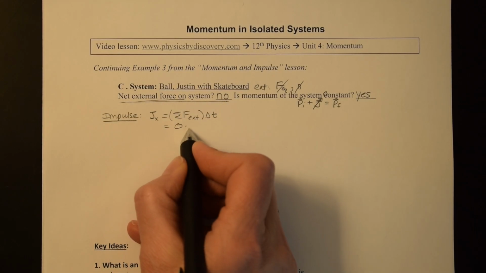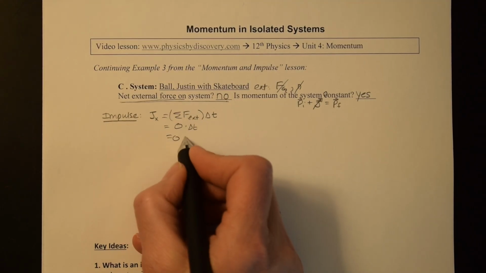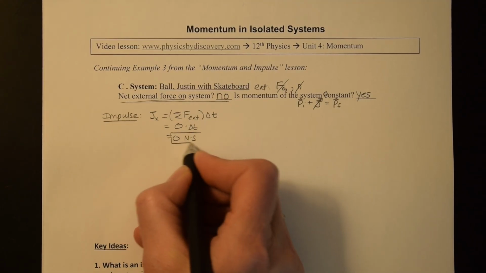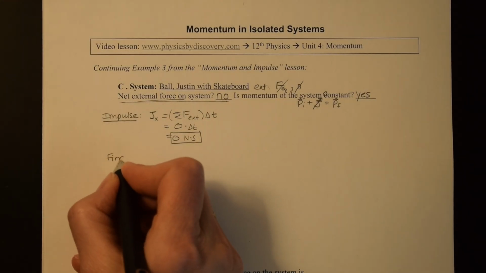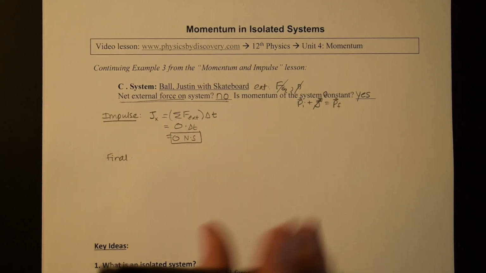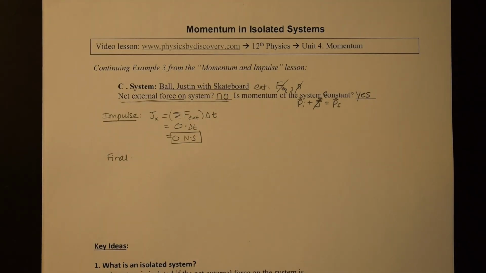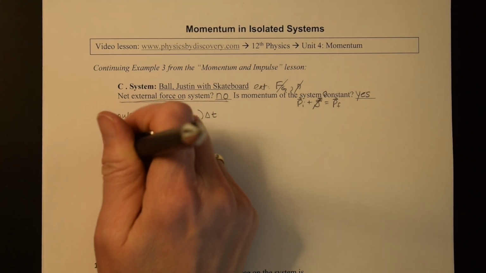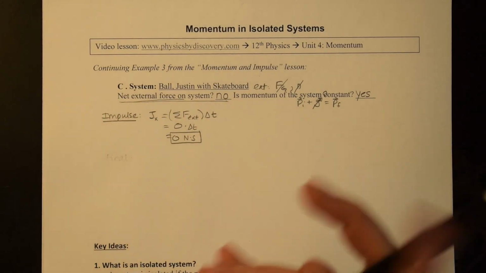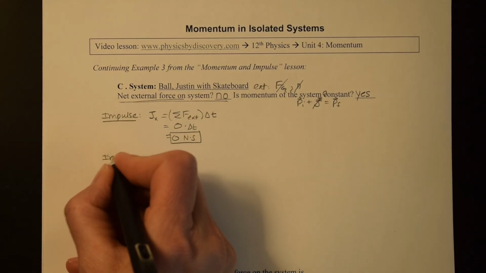So this is 0, so the impulse is 0. Now let's find the final momentum. Actually, before we do the final momentum, let's find the initial momentum.